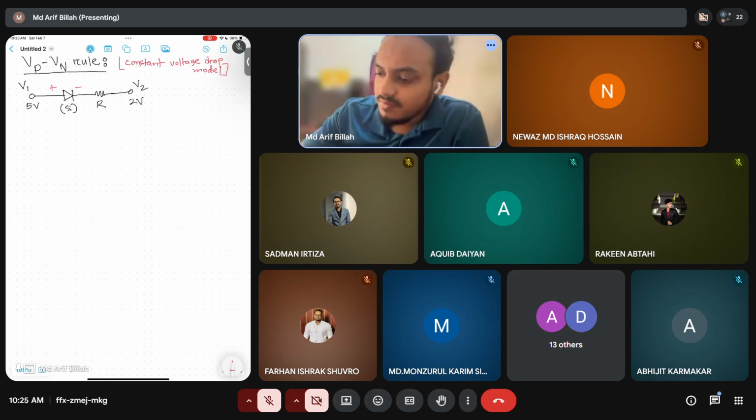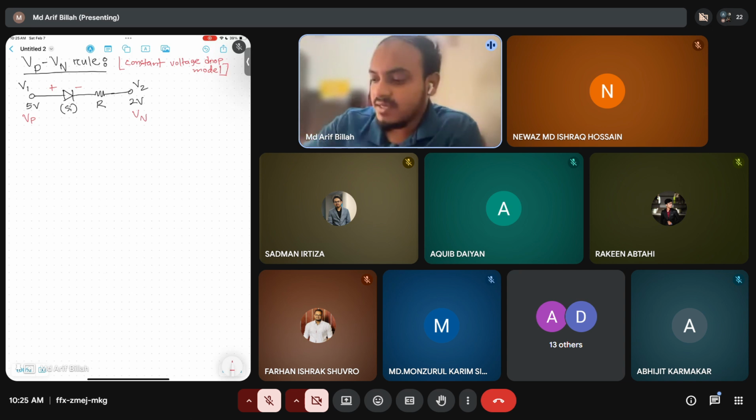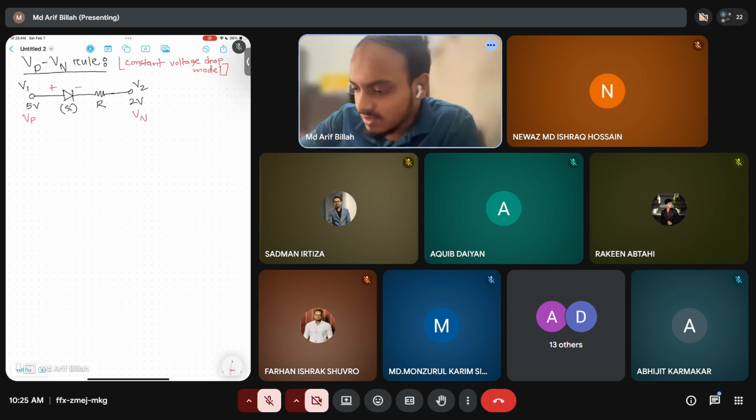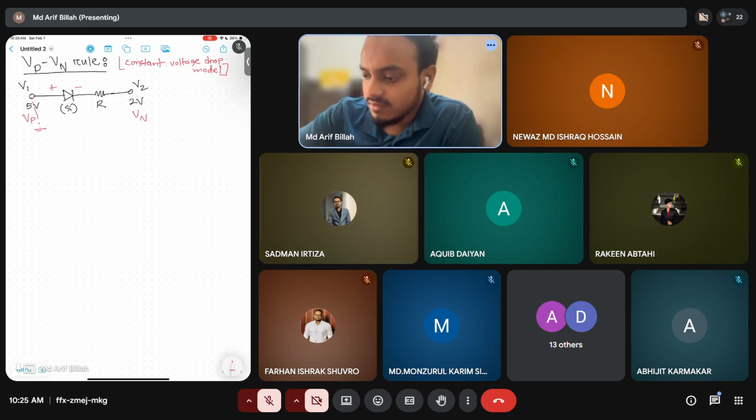Look at the arrow. Positive side, say it's VP. Negative side, label it as VN.